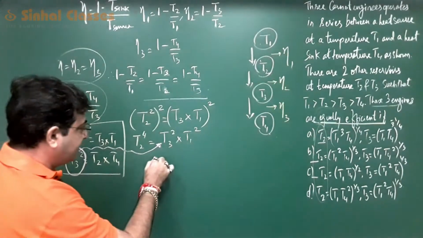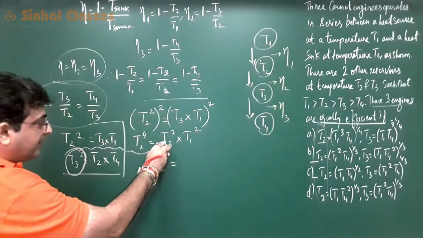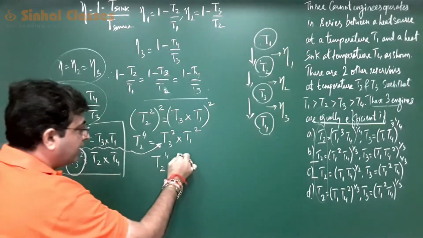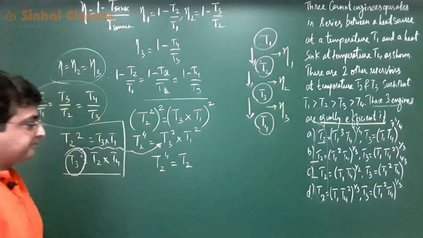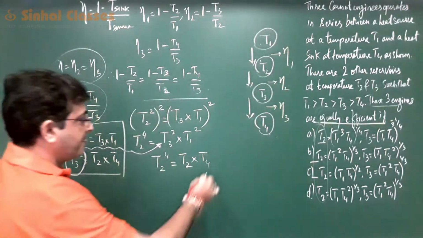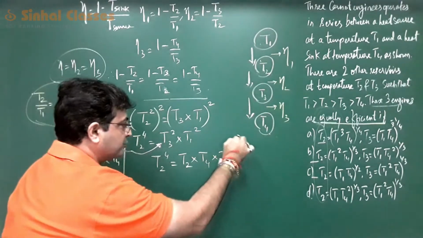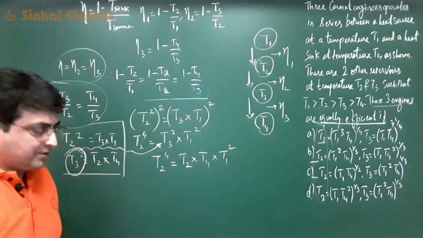Look here, T2 raised to the power of 4 is equal to, if I substitute T3 square, this will be only T2 into T4 into T1 raised to the power of 2. Is that clear, students? Now see carefully.